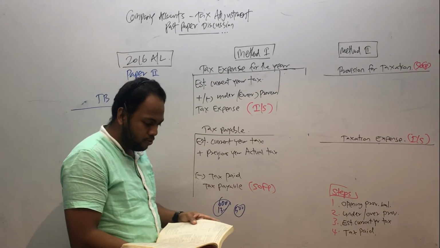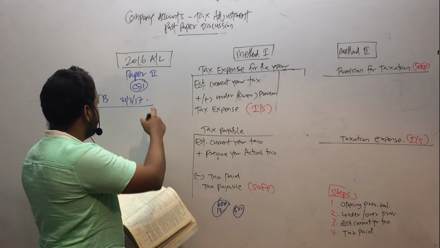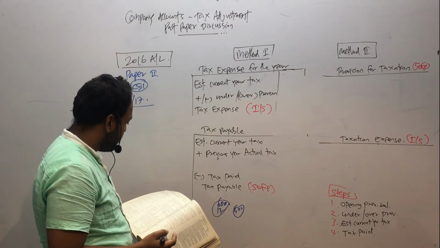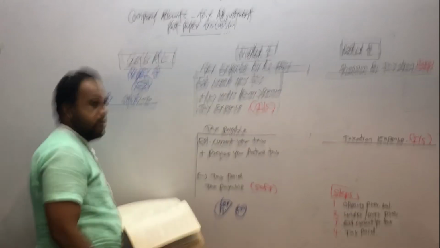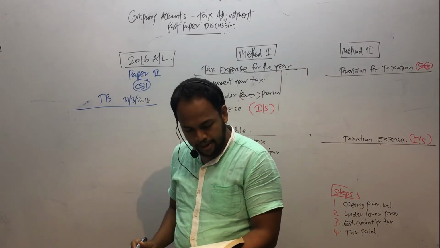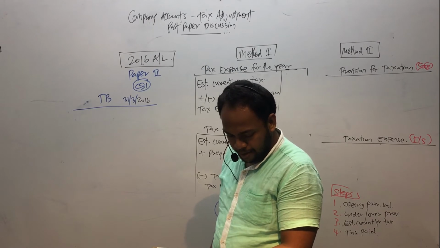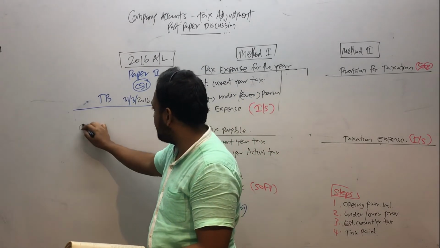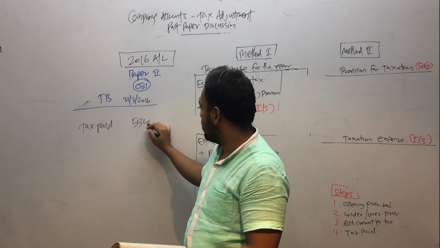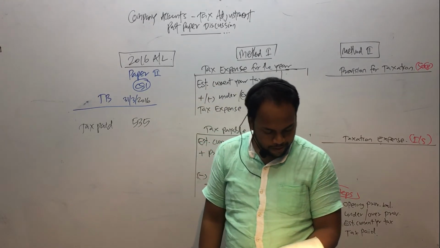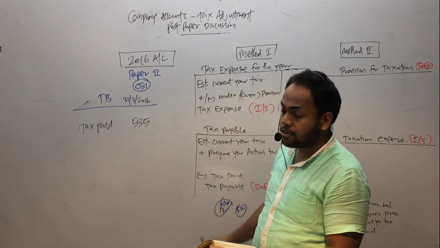So in 2016, we have second paper, question number 1. We have a trial balance as at 31st March 2016. Income tax paid is given, 535. And there is no payable balance given. No provision. Opening balance is nil.